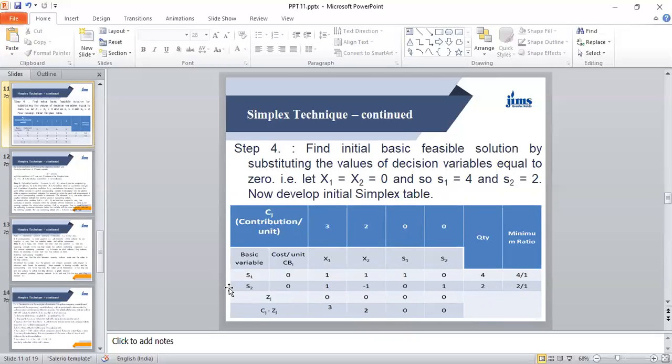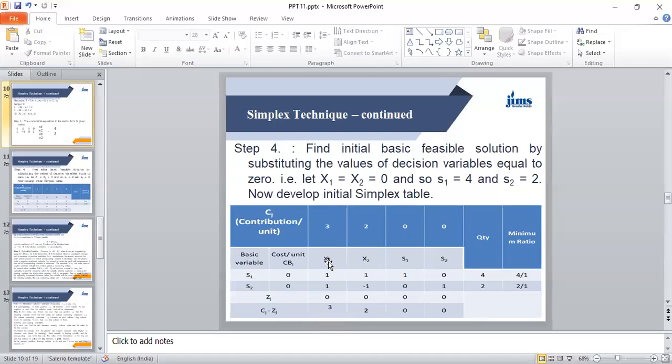In this case, the row corresponding to the basic variable S2 is the key row, the column corresponding to the variable X1 is the key column, and at their intersection is 1, so 1 is the key element.